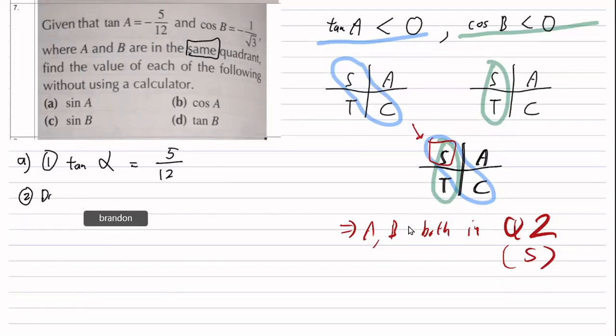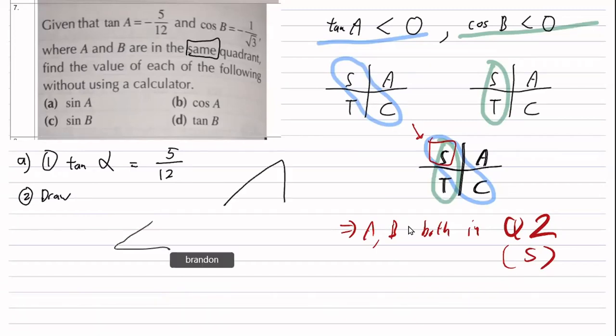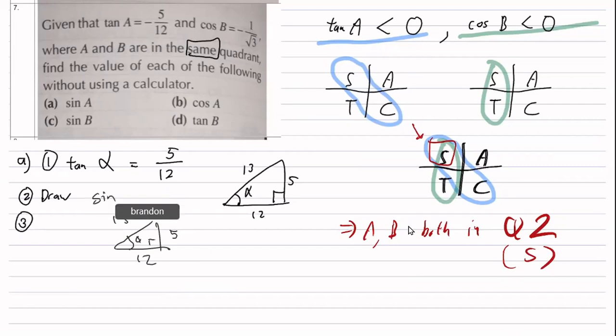Then step 2, maybe also step 3. Step 2 is to draw the right angle triangle. Good, 5, 12, 13. Then step 3 is to conclude.